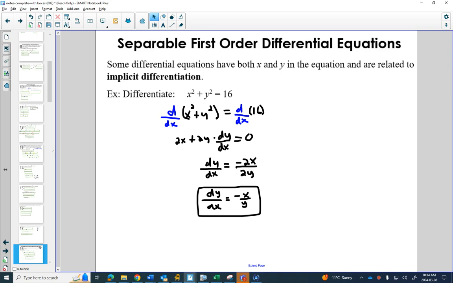So these are called separable because in order to solve them, we need to have an equation with y on one side and x on the other.